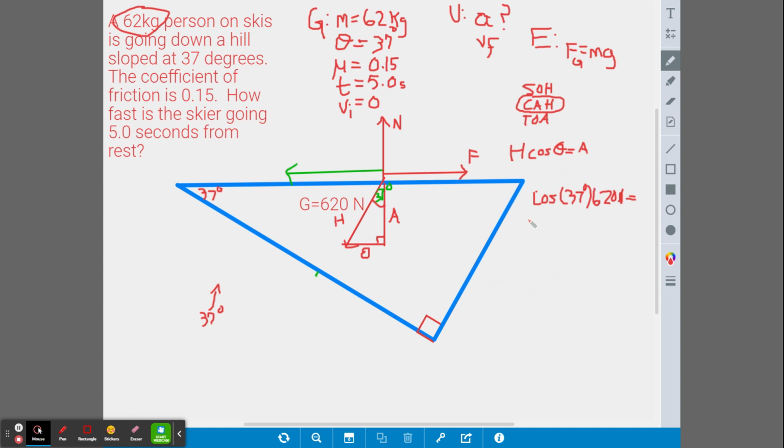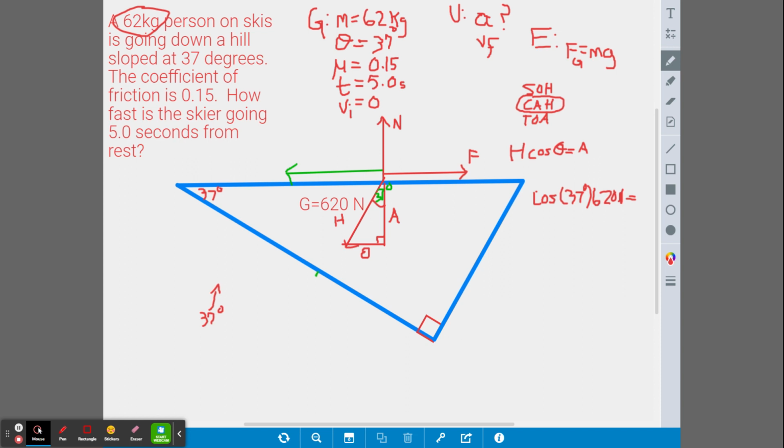All right, so cosine of 37 degrees times 620. Right now I'm just putting this into a calculator. You absolutely need a calculator with a sine, cosine, or tangent button. I'm using a Desmos scientific calculator, and I would show you, but then I would have to start this whole video over again because I forgot to check a certain setting that allows me to show multiple tabs.